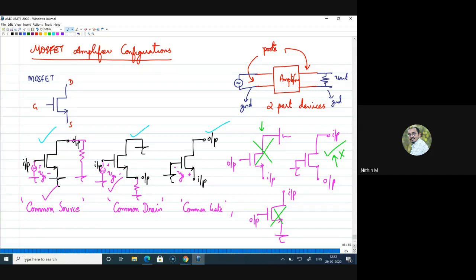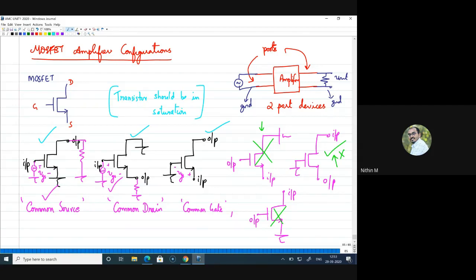Now one thing needs to be noted, so again I am making that statement here. Whatever may be the configuration, we are looking for the transistor to be biased in saturation. That is the underlying requirement.